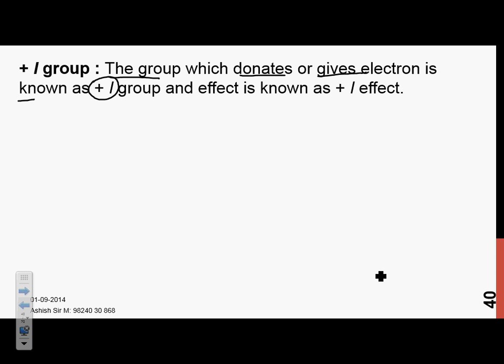For an example, if we have CH3, CH2, CH2, CH2, and one group is donating a pair of electrons to this carbon atom, and because of that, the group develops partial positive charge and carbon develops partial negative charge.